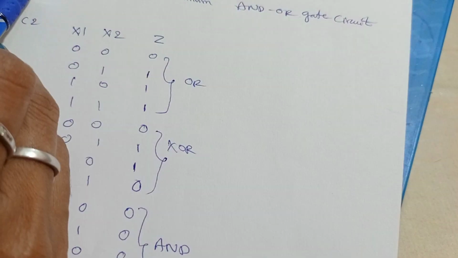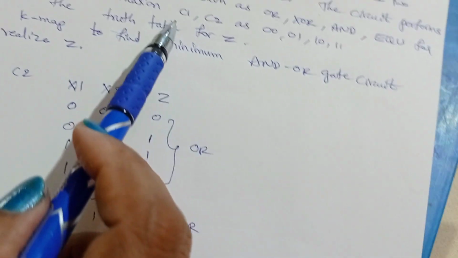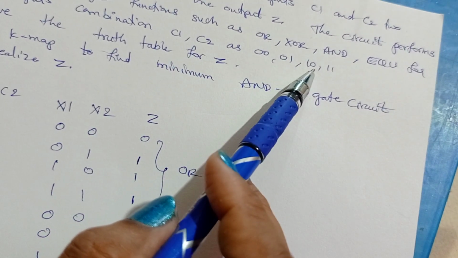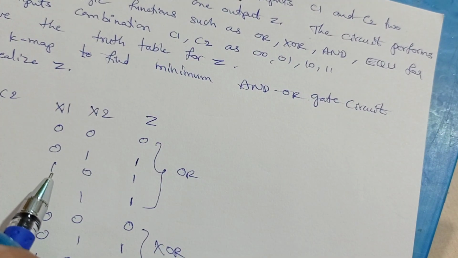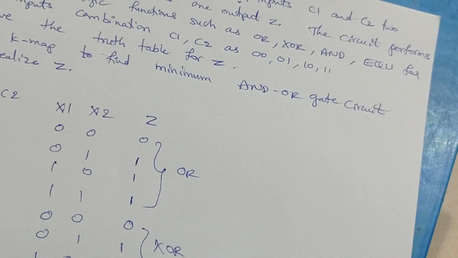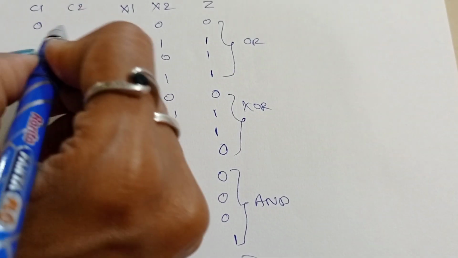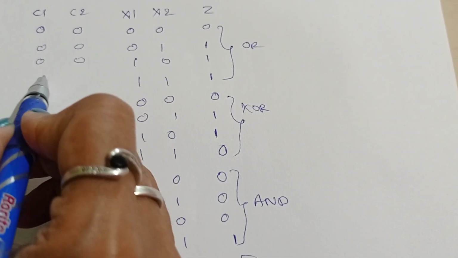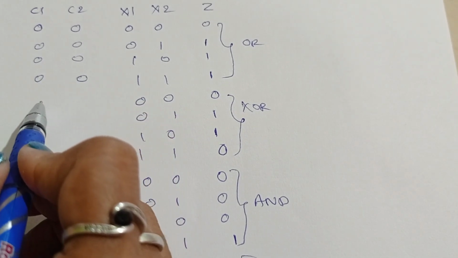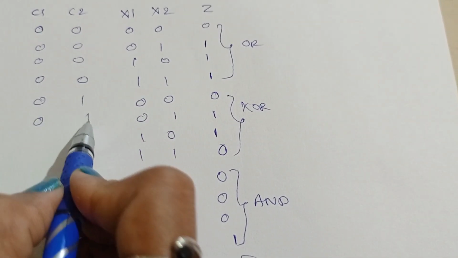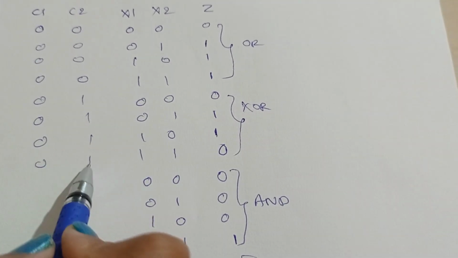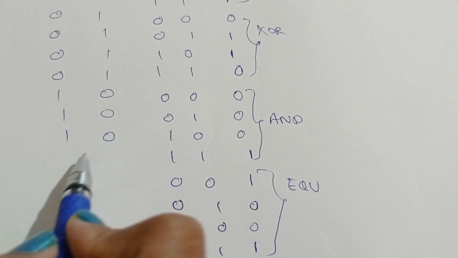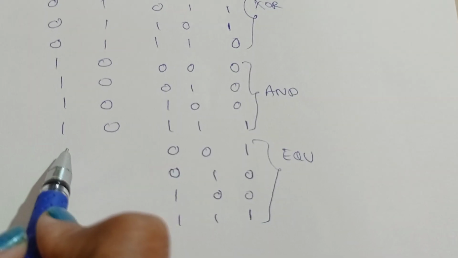That is, for control input combinations C1 and C2 as 0 0, 0 1, 1 0, 1 1. Now we should give 0 0, next 0 1, 1 0, and 1 1.